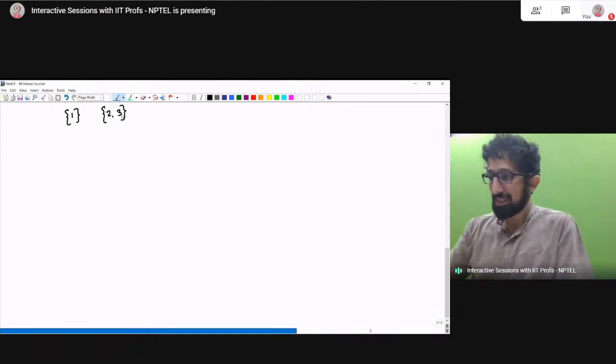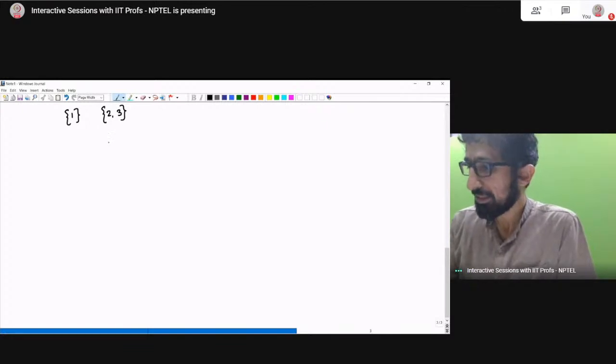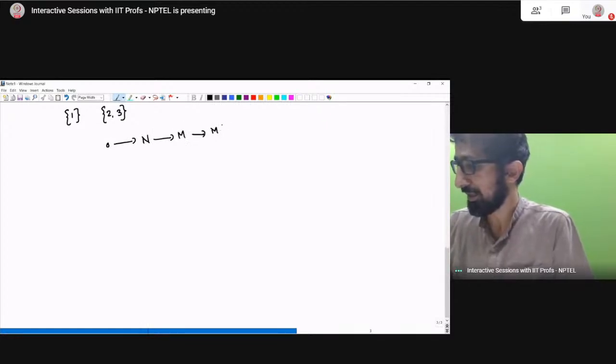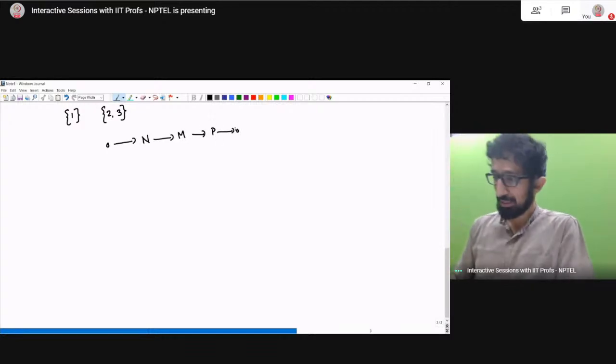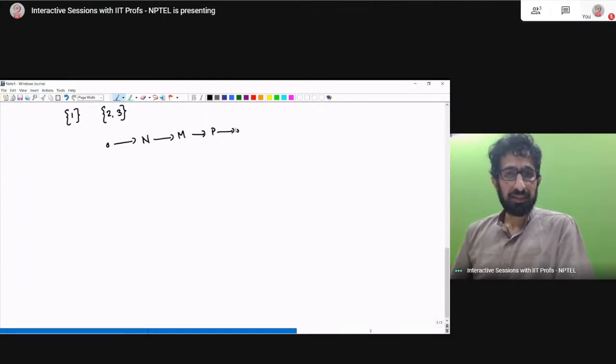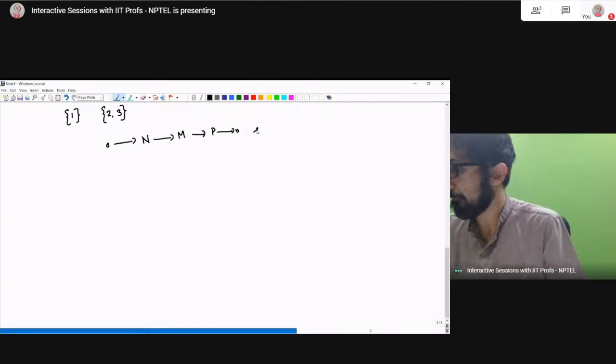Now coming to exact sequences. If you have M to N to P to 0, this is one of the most important exact sequences. This is called a short exact sequence.